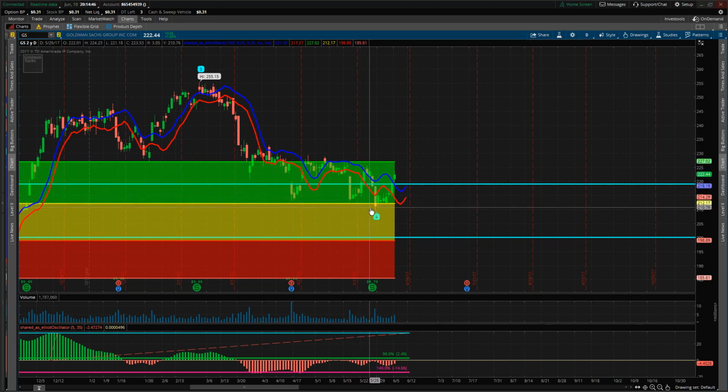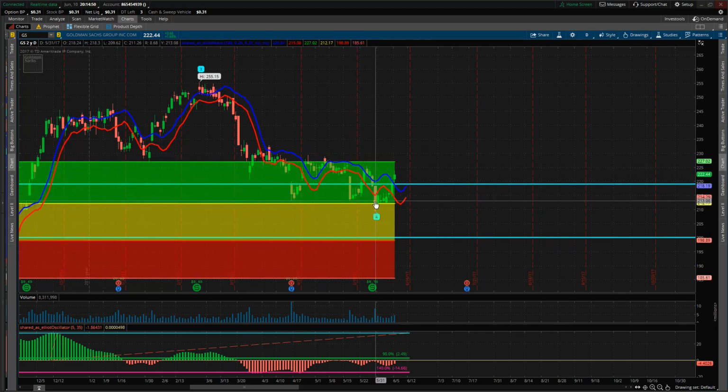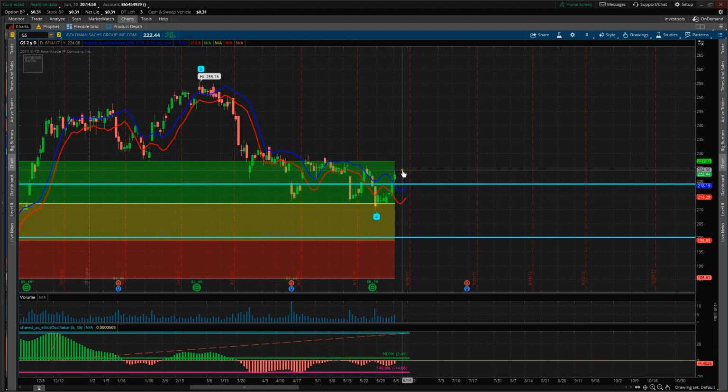So we've got to be very conscious of the behavior of this wave 4. The banking stocks have suffered greatly, and it's going to be hard to start to regain that momentum, but we need to be ready when they do, because our Elliott wave rules and observations are all good for GS at this moment in time. We just got to be a little bit more conservative on entry.